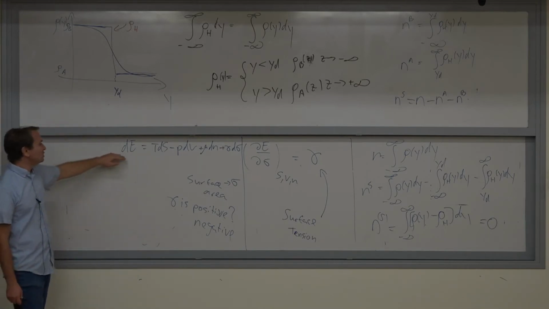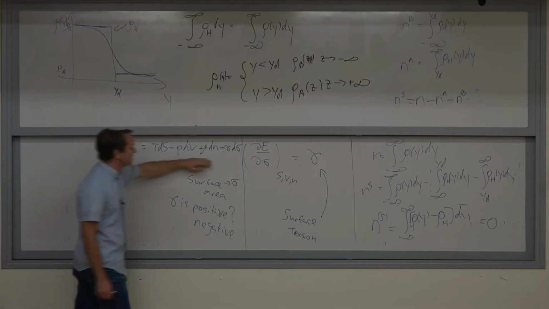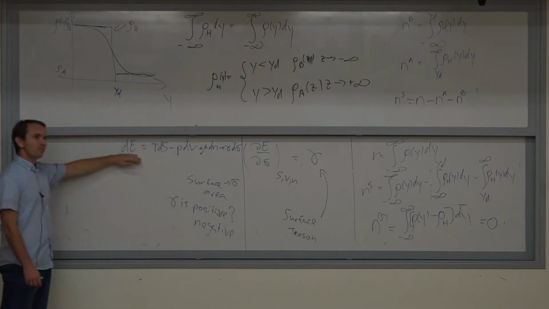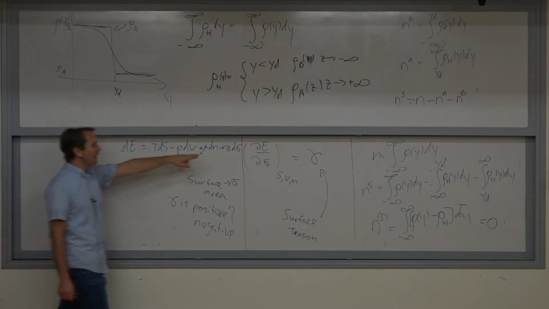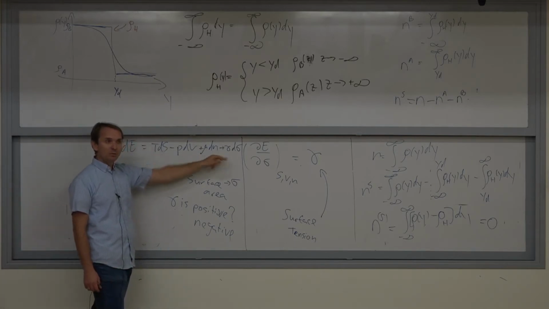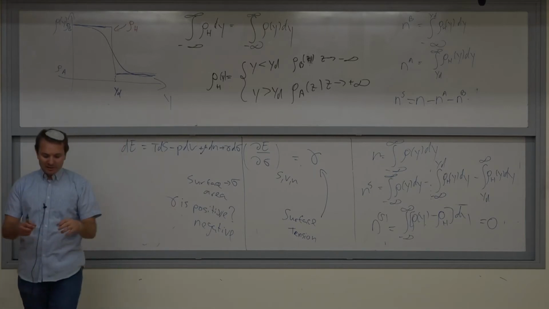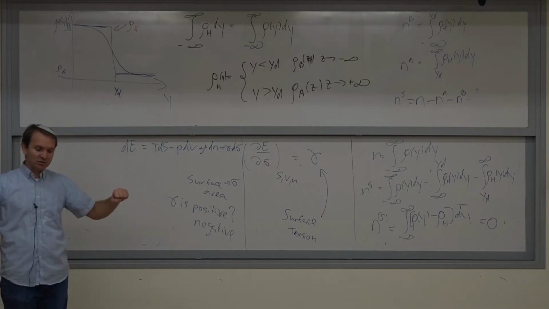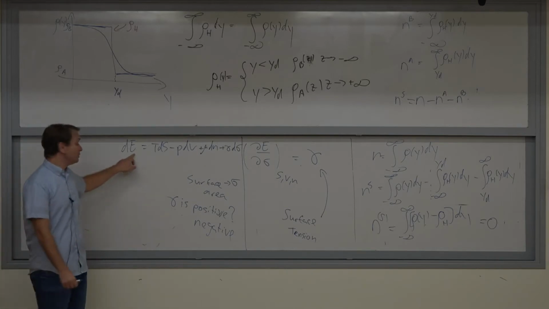So if my changes of the energy are described by this equation, and gamma is negative, what will happen? Well, I have a specific surface, gamma is negative, I increase this surface a little bit, the energy becomes smaller.